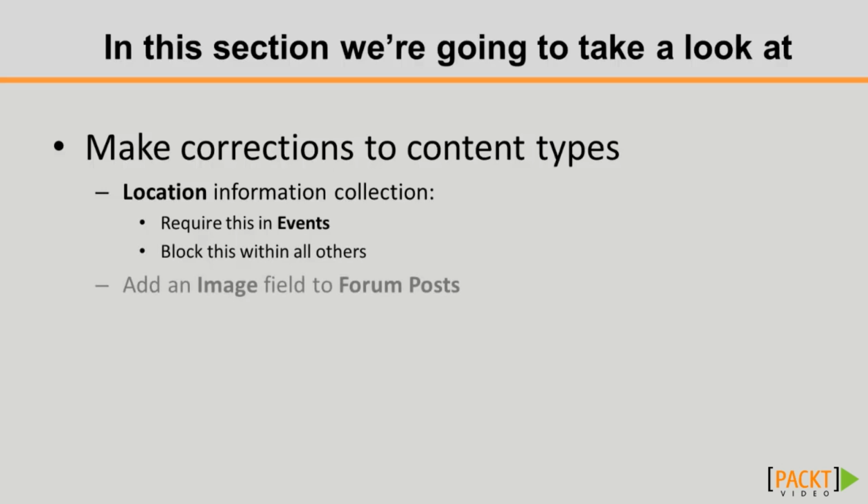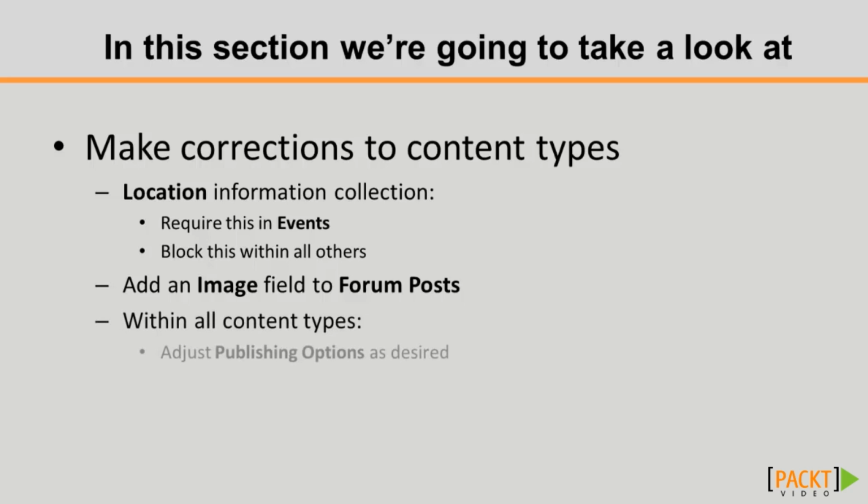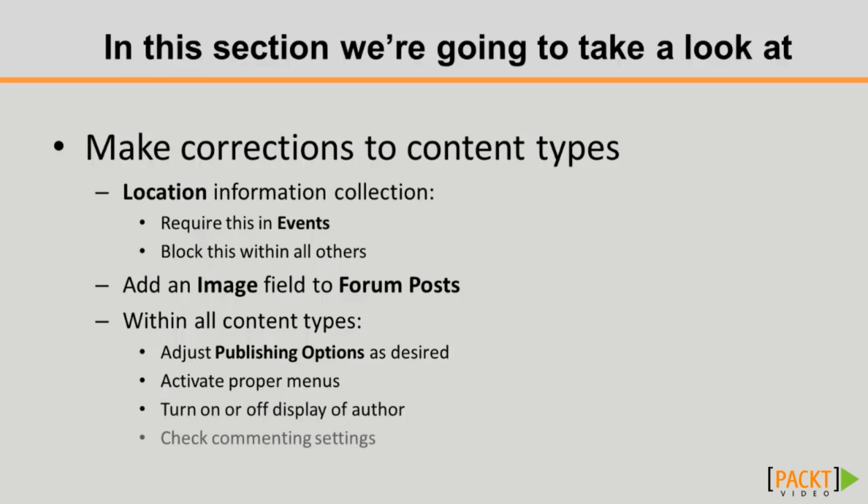We do want to add an image field to our forum posts, and then within all of them we need to look at the publishing options and proper menu activation, turn on or off the display of the author information, and also check the commenting settings, whether that should be turned on or turned off.